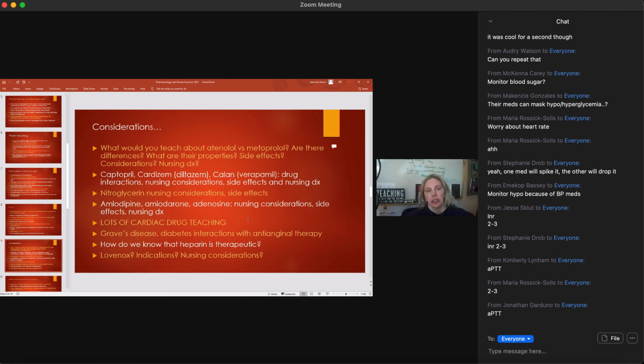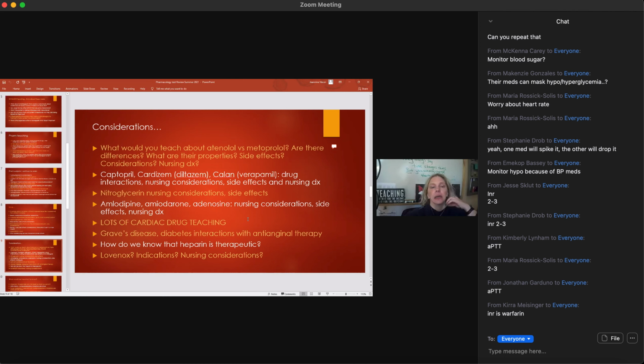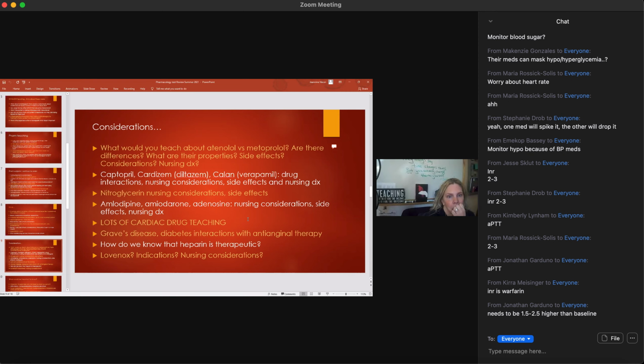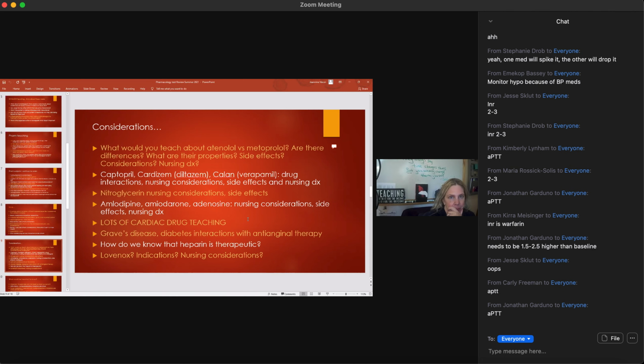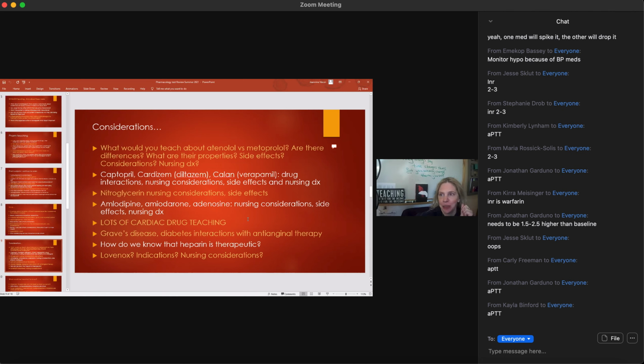Do not scare patients by pulling up a code cart, and we do not know if they need a code cart yet because we don't have the labs back. What is it with heparin? PTT. Thank you.